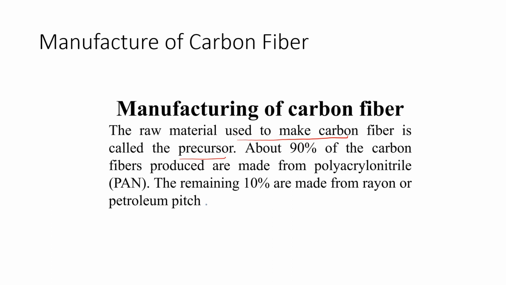Based on the precursor, we have already gone through the types of carbon fiber, that is PAN based and pitch based. About 90% of the carbon fibers produced are made from PAN, that is polyacrylonitrile, and the remaining 10% are made from rayon or petroleum pitch.